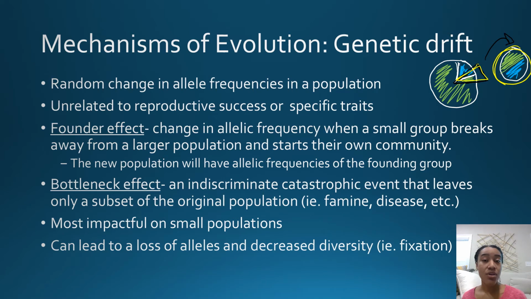Now, all of a sudden, we have only green frogs. There are no more blue frogs. So when you have fixation, you have 100% of one trait being expressed, and of one allele being expressed, and 0% of the other. So now we would have 100% green frogs and 0% blue frogs, because all the blue frogs are gone.